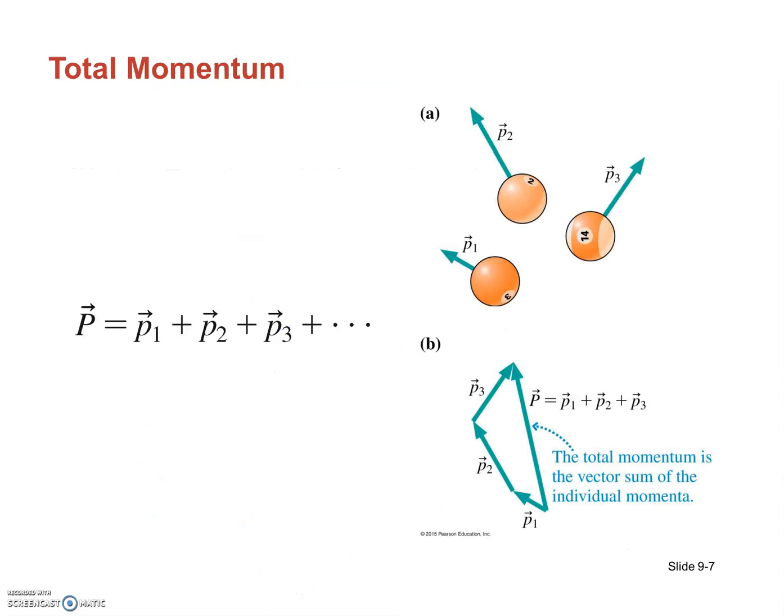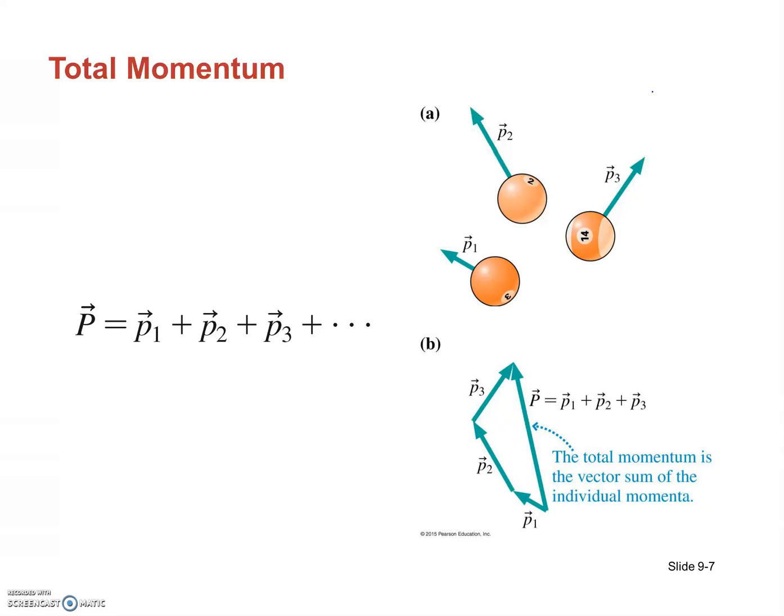Can you believe it? We can make things a bit more complicated by having a system of many particles, for example, billiard balls. The idea of impulse and momentum has a lot of direct application to billiards, for any of you pool players out there.